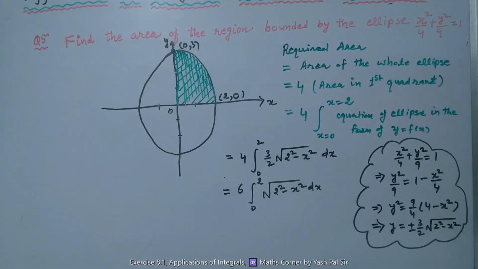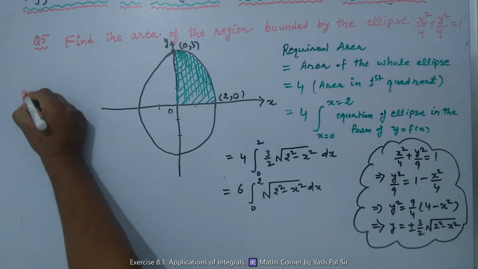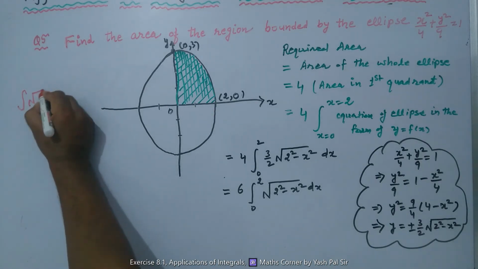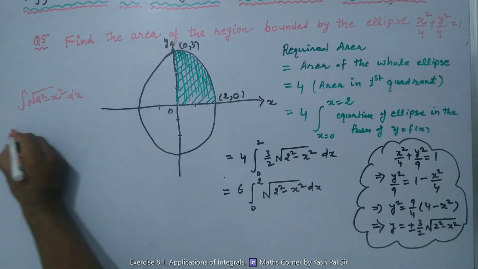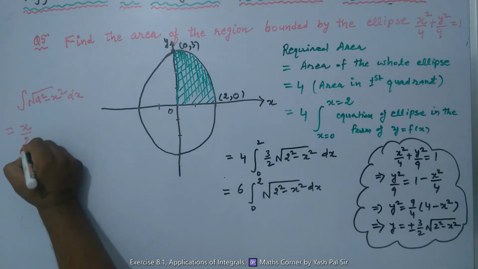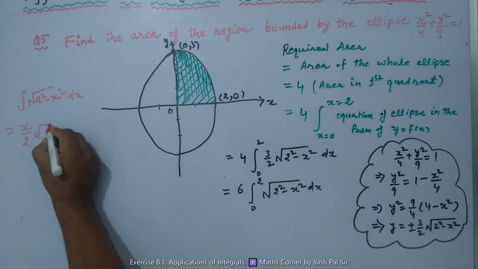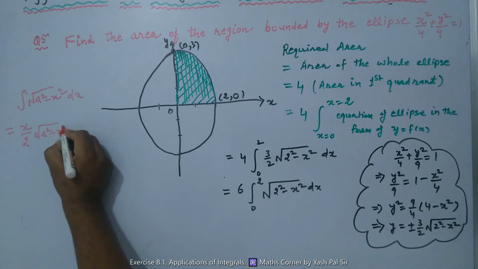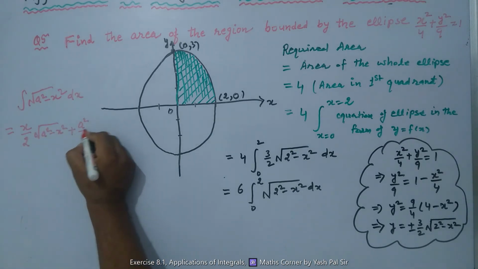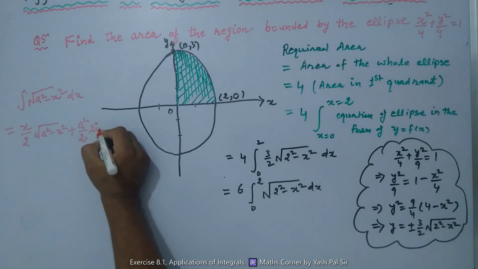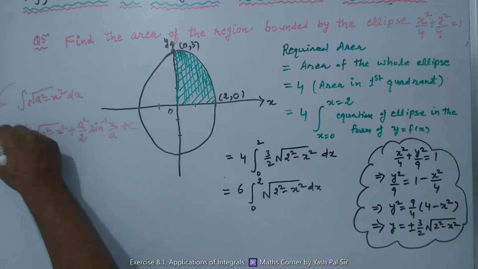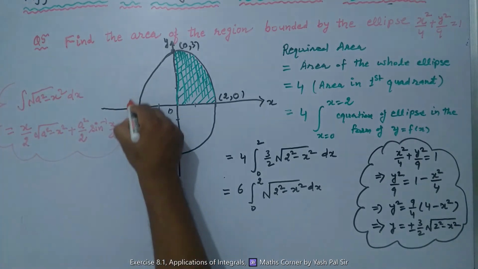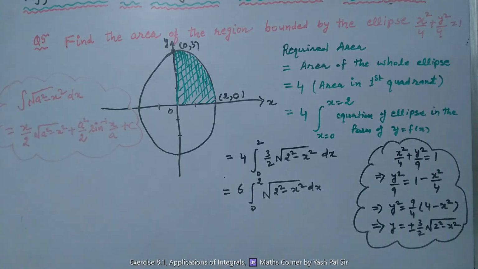Now one more thing here is a rule of integration. The integration of square root of a square minus x square dx is equal to x by 2 into this same function, square root of a square minus x square, plus a square upon 2 sine inverse x upon a plus c. So this is the rule in integration to solve the integration of this type.